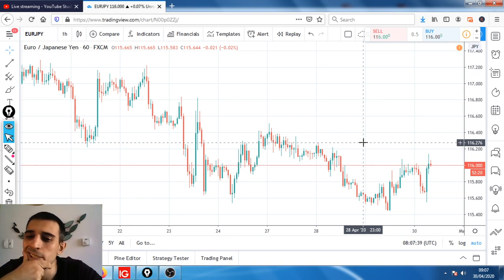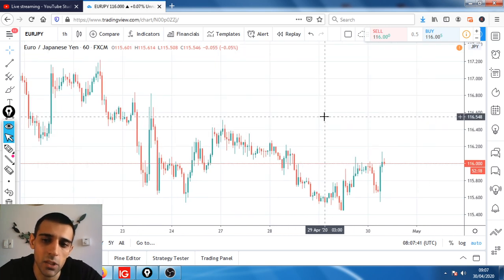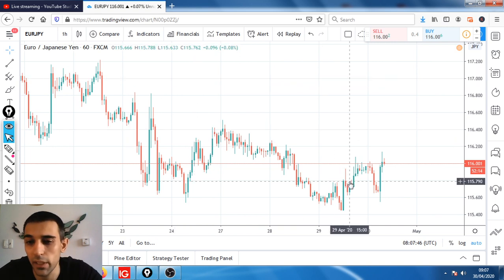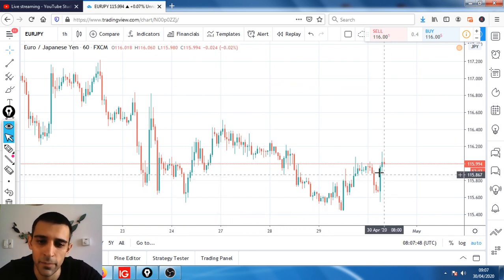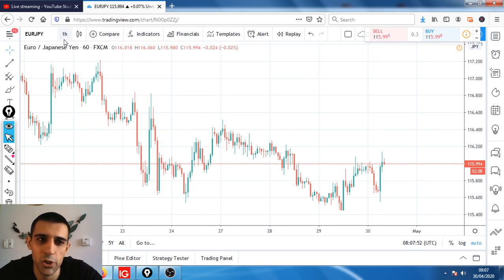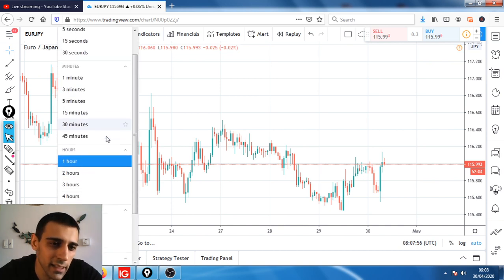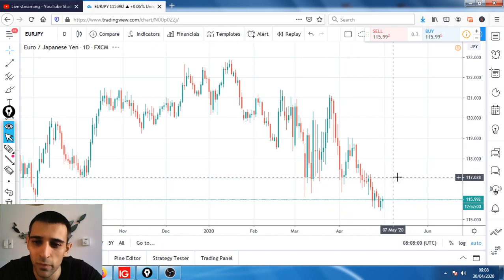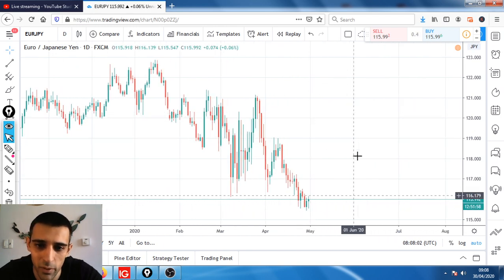116.25. However, I will admit that this is not the ideal trade. I know the trend is looking downside, but just because of the structure of candles, I just don't like it. They just look too ugly. What I mean by ugly is it has wicks all over the place. Even on a daily time frame, we have these wicks around.